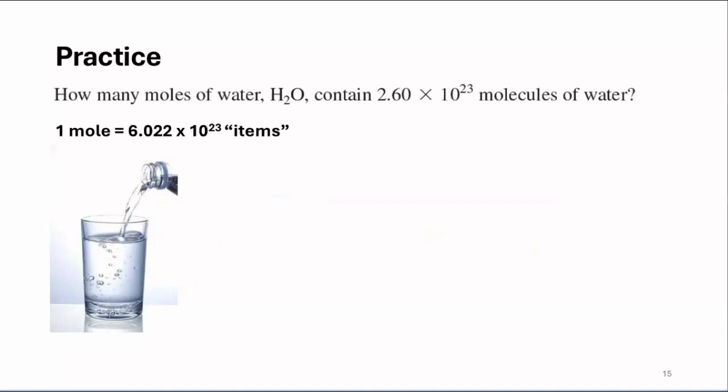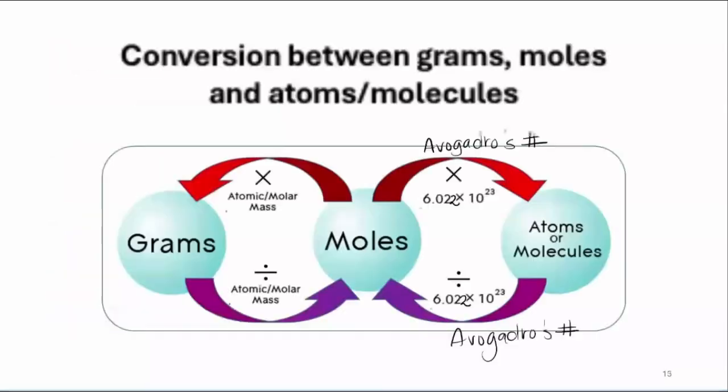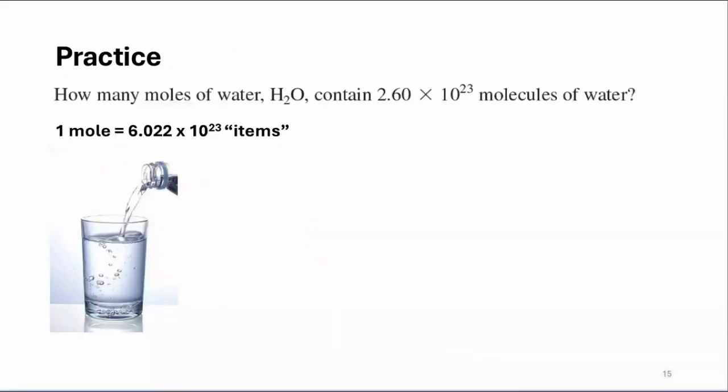So in this problem, if I go back to the flowchart on slide 13, I start here, molecules, and I'm trying to convert to moles. The arrow that takes me there is going to be this one, which means that I'm going to divide by Avogadro's number.